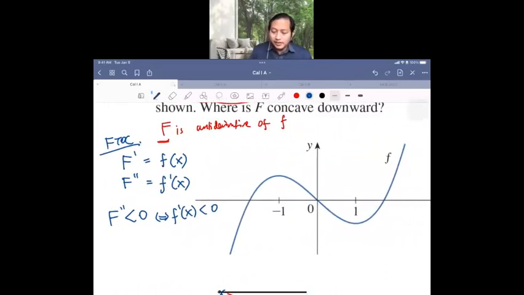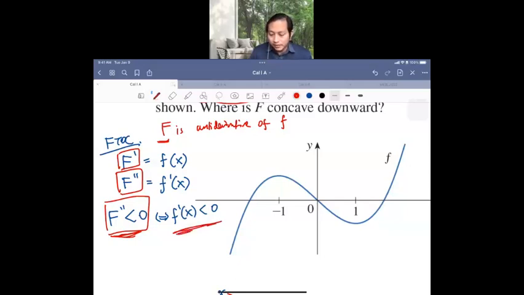We need to state that our subject is the big F, the capital F. Because the second derivative of capital F is less than 0, then the first derivative of small f is less than 0.